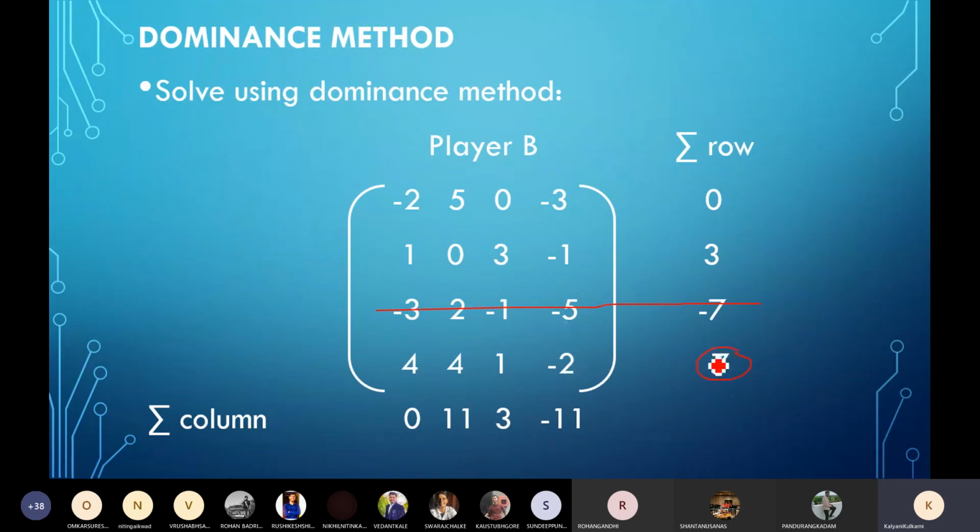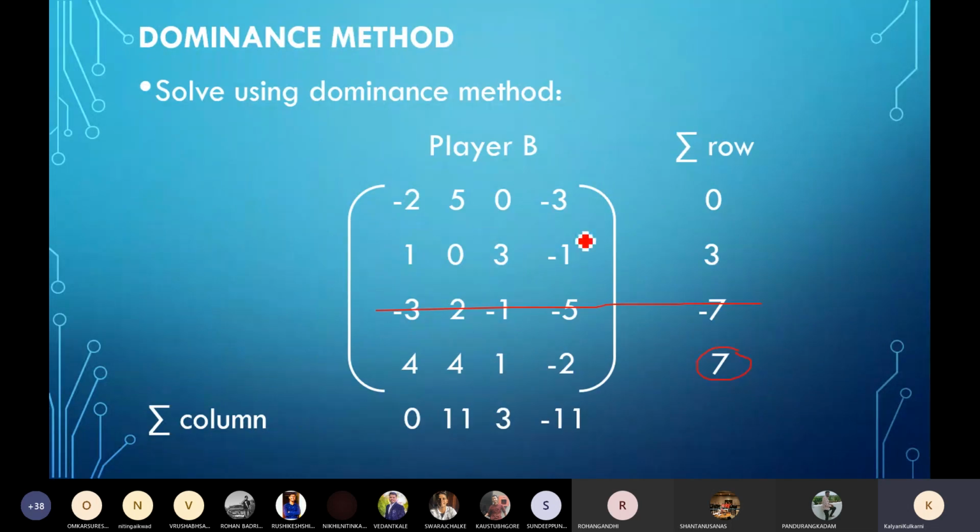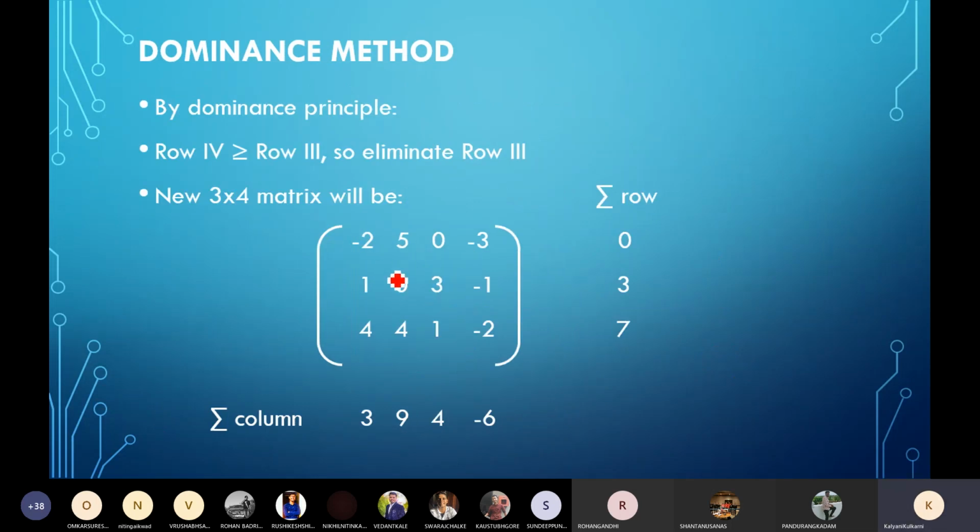So row 3 is dominated by row 4, hence I remove row 3 from further calculations. Now this is a 3 by 4 matrix. You will see that row 3 is eliminated. The remaining 3 rows I am taking as they are: row 1, row 2 and row 4. Row 3 has been removed from there.